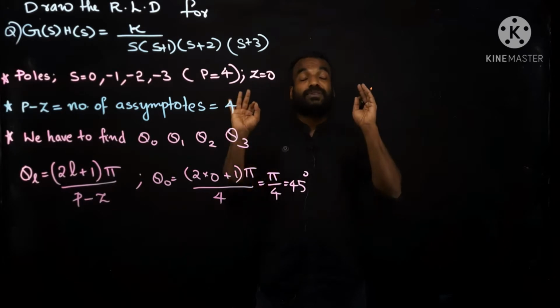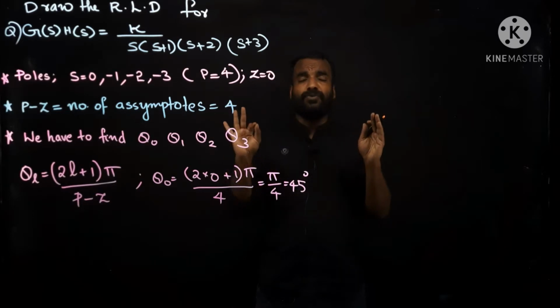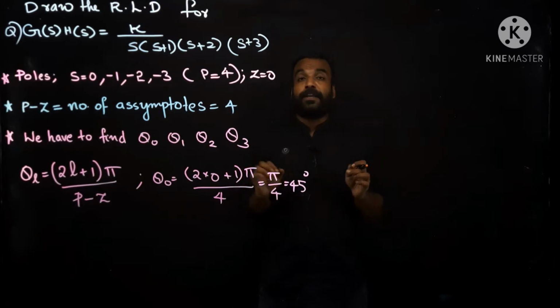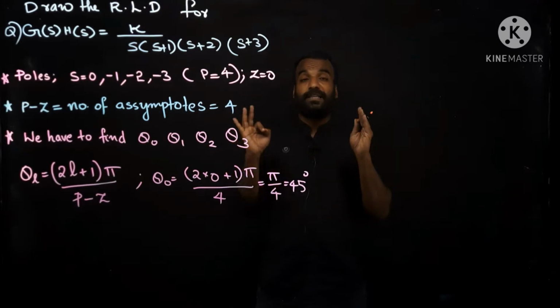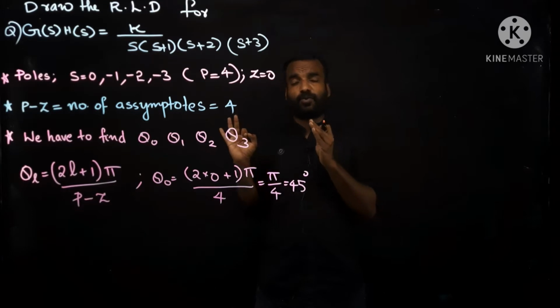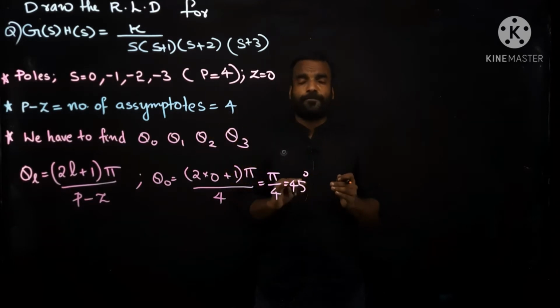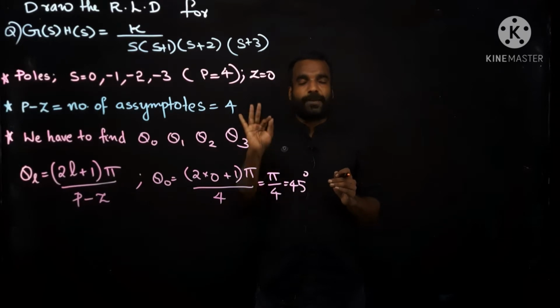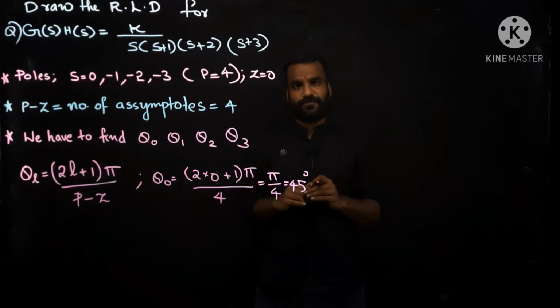By seeing the question itself, you should be able to draw the shape of the root locus diagram in your mind. If you are following all my lectures from root locus diagram lecture 1 to 4, you will definitely be able to draw the shape of the root locus diagram in your mind without having a paper itself.